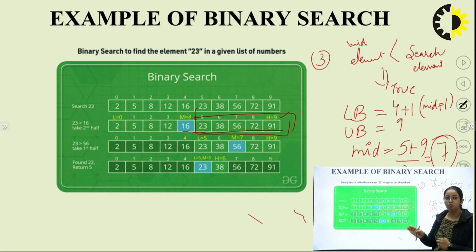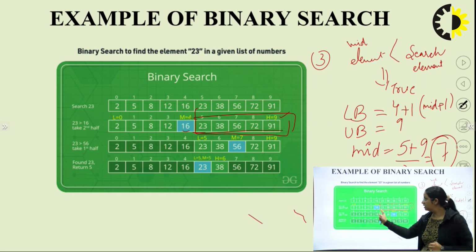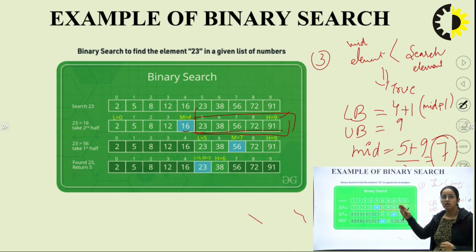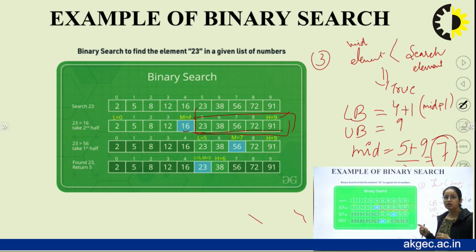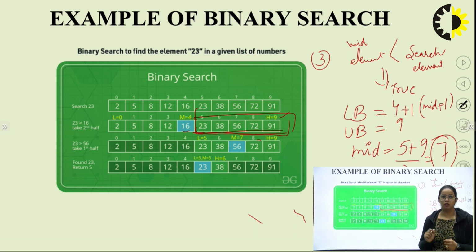If the element is smaller than the mid element, we check the left hand side. If the element is greater than the mid element, we check the right hand side. Similarly, we apply binary search again on that divided interval of the array, and we repeat this process until we find the searching element. So this is all about binary search.